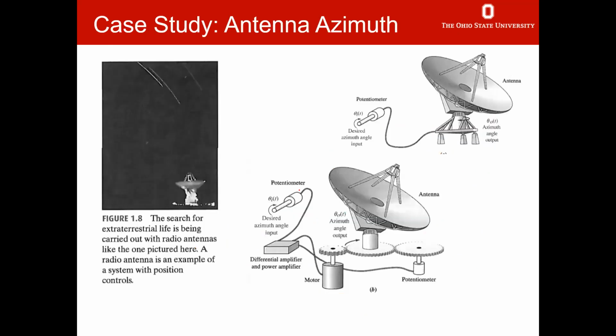A couple of examples. This one's from a book we used to use. This is an antenna azimuth orientation error control, where you're actually trying to follow signal sources, which means there's an electric motor somewhere here, which is trying to change the angle of this device.